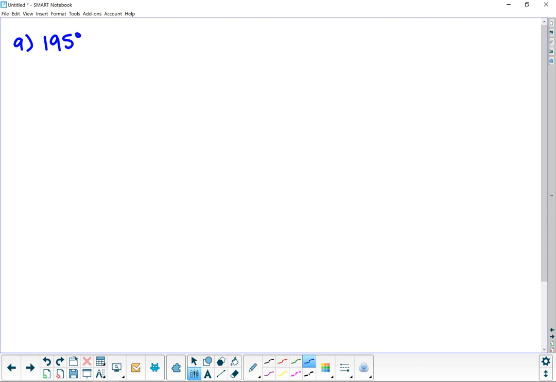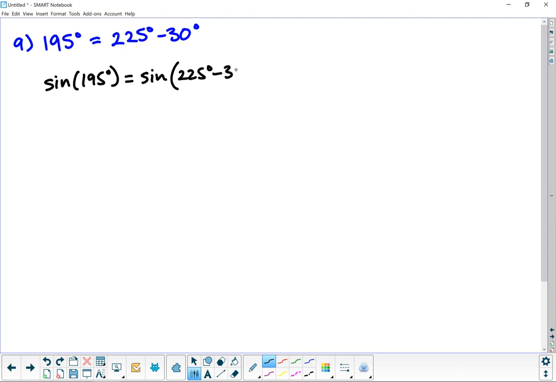In case you're wondering what that makes, you're suggested to use 225 degrees minus 30 degrees. Okay. So you're going to find the sine and the cosine. Here, I'll use black. So sine 195 degrees equals sine 225 degrees minus 30 degrees.